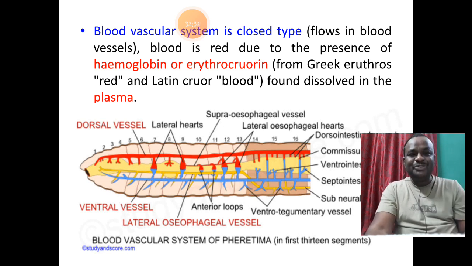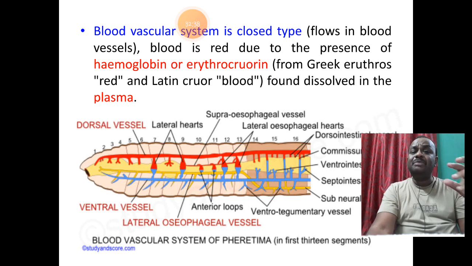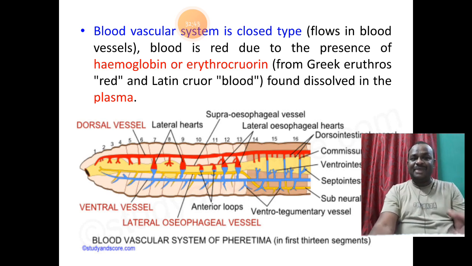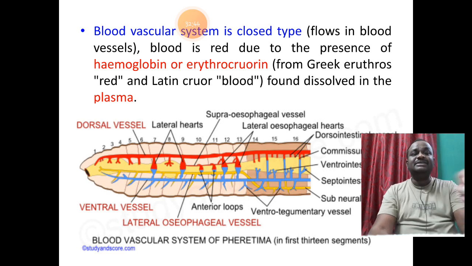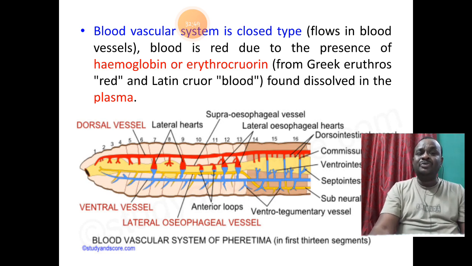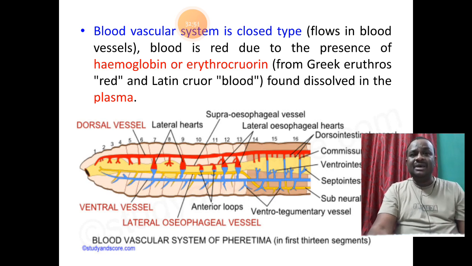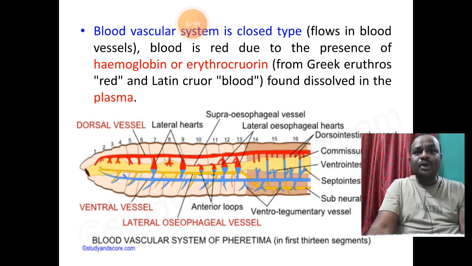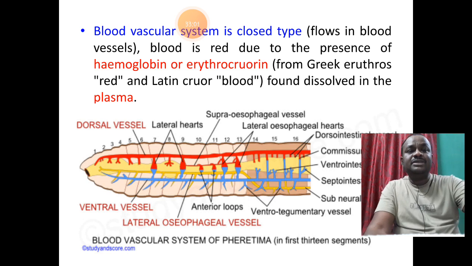In the picture you can find various blood vessels that supply blood to the different segmental parts of the body. This is how the complicated blood vessel system is present in annelids. Here is a representation of the earthworm showing the blood vessels of the circulatory system. This kind of circulatory system, where the blood flows in definite blood vessels, is called the closed type of circulation.